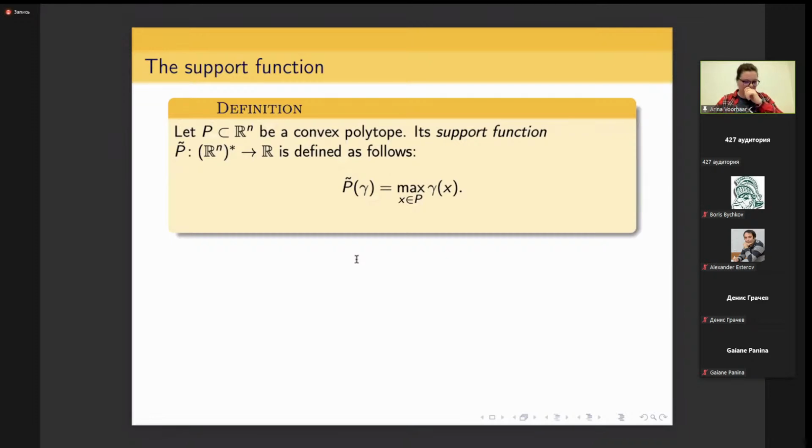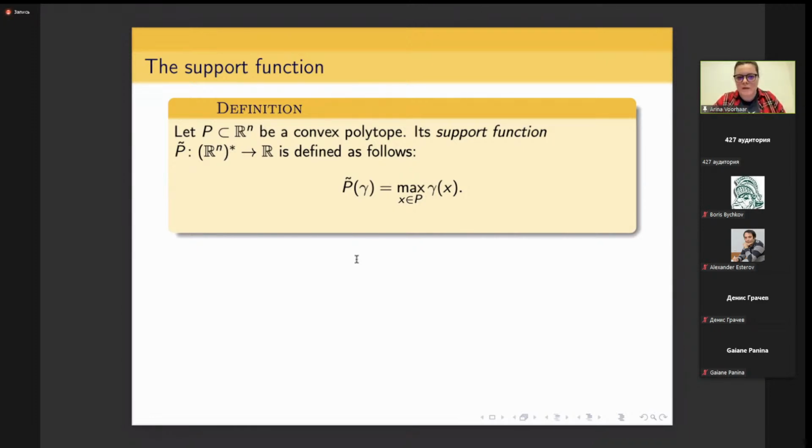So now we agree that instead of computing the resultant and the discriminant, we want to compute their Newton polytopes. And for that, I need to remind you of a very important notion, which is the support function of a polytope or convex body in general. Because as you will see, instead of the polytopes, we'll work mostly with their support functions.